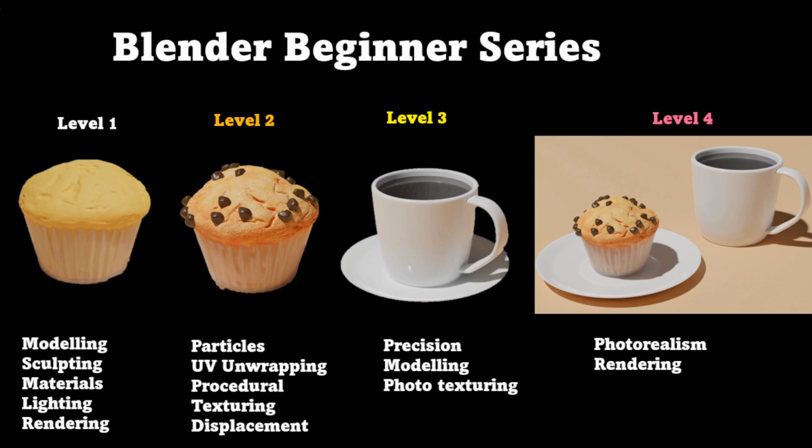In level 1 we will cover modeling, sculpting, materials, lighting and rendering tools, while in level 2 we will look into particles, UV unwrapping, procedural texturing and displacement. Then in level 3 we will deal with precision modeling and photo texturing. Lastly, in level 4 we will cover photorealism and rendering.